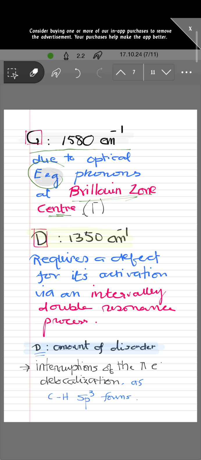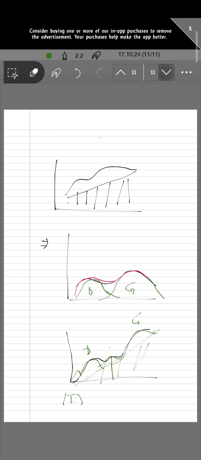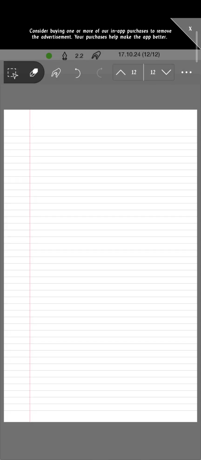Brillouin zone: from crystallography, you might know that there is something called the Wigner-Seitz cell, which means we have the basic unit cell.